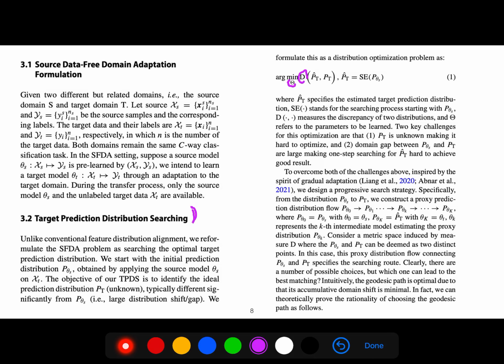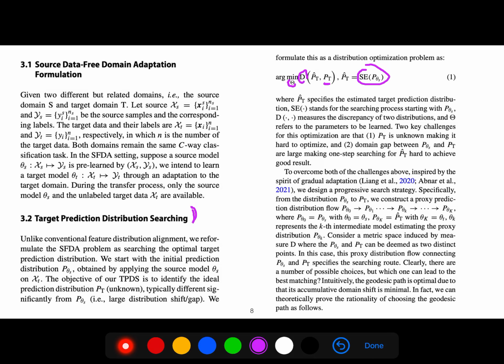So two key challenges for this optimization, and of course, SE is our searching process. So our problem has become a searching problem. But the two key challenges for this optimization are, first, that P sub T is unknown, making it hard to optimize. So how do you know this?